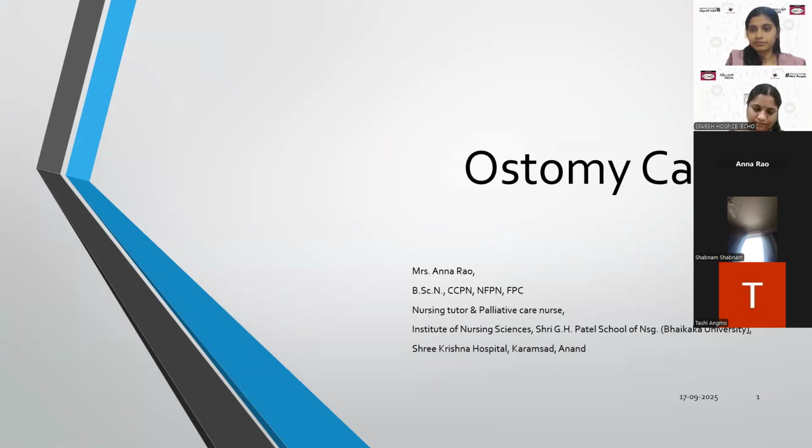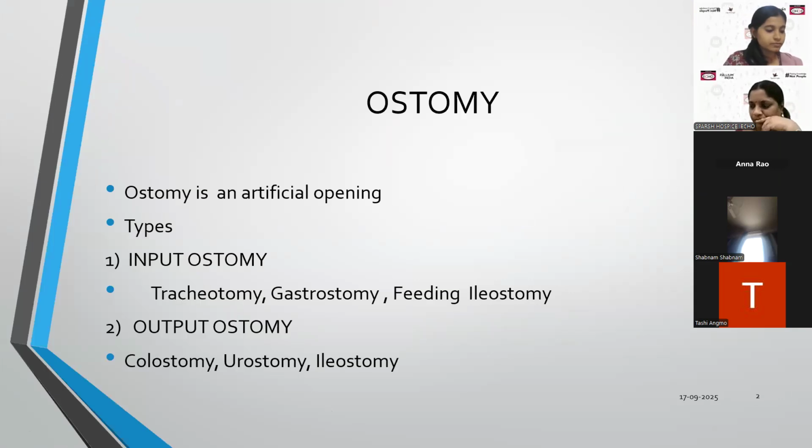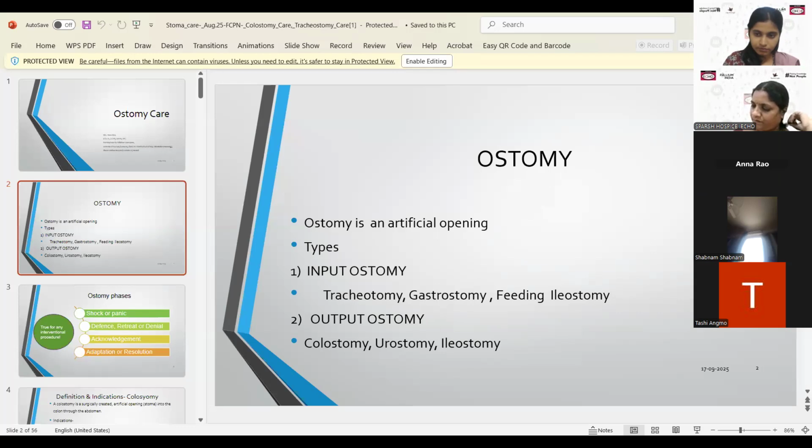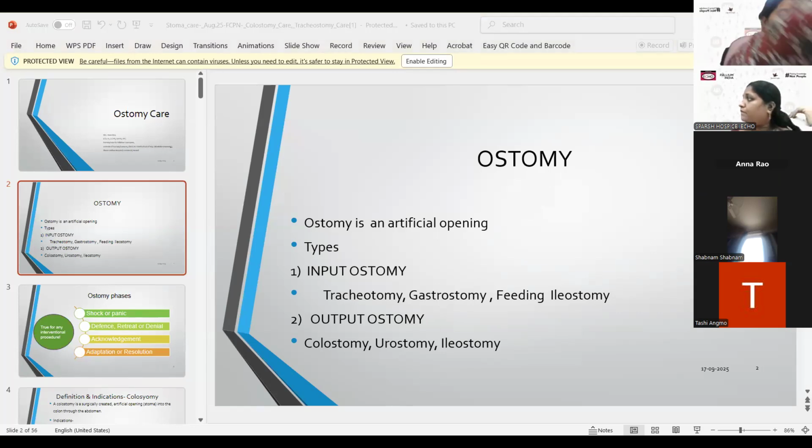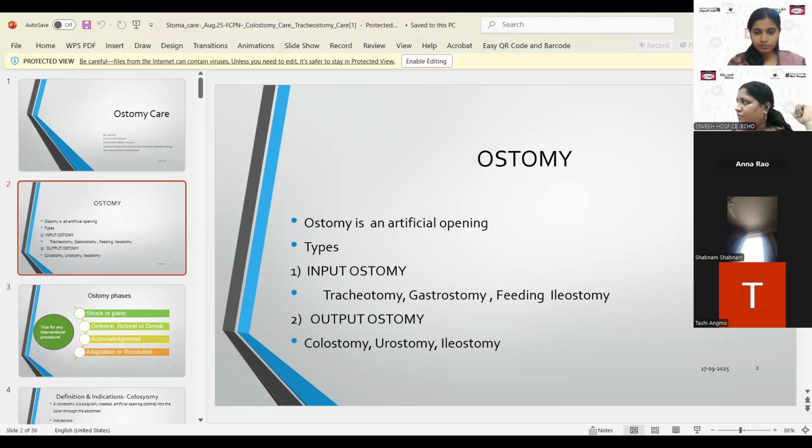Thank you very much for that introduction. So, what is ostomy? Let us start with the definition. Ostomy is an artificial opening in the cavity through which the organ is brought up to the surface.